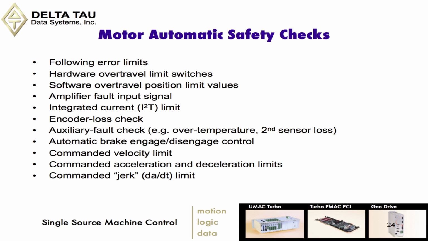It could be for whatever fault feature that you want to give it. There's also automatic brake controls to engage and disengage a brake on every motor channel. Commanded velocity limit, commanded acceleration and deceleration limits, and commanded jerk limits, the S-curve part of your motor acceleration and deceleration.